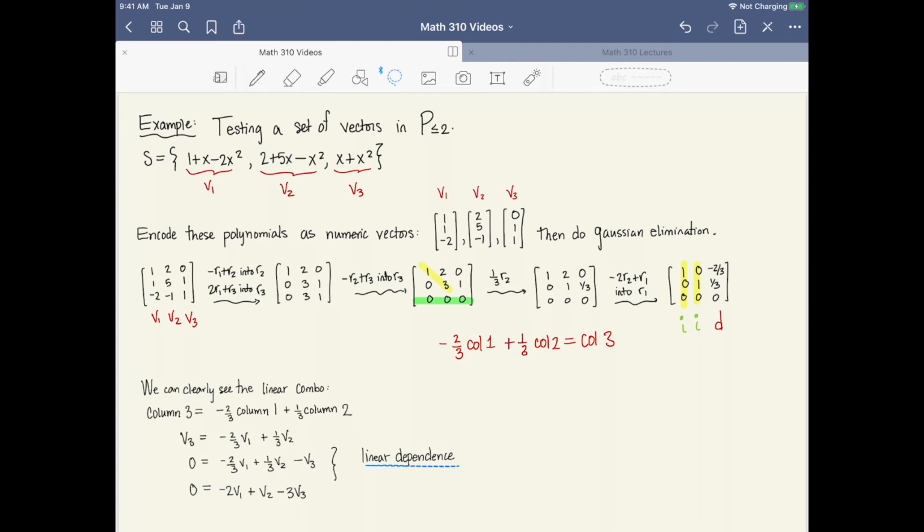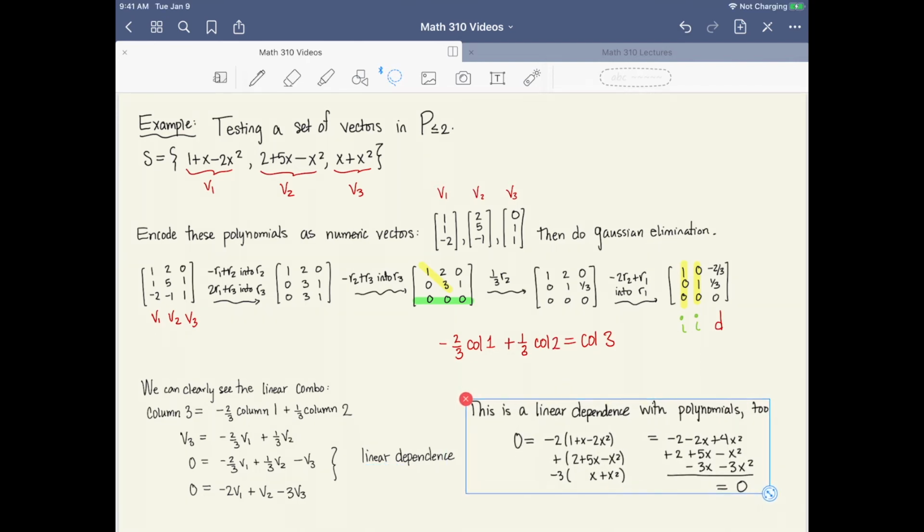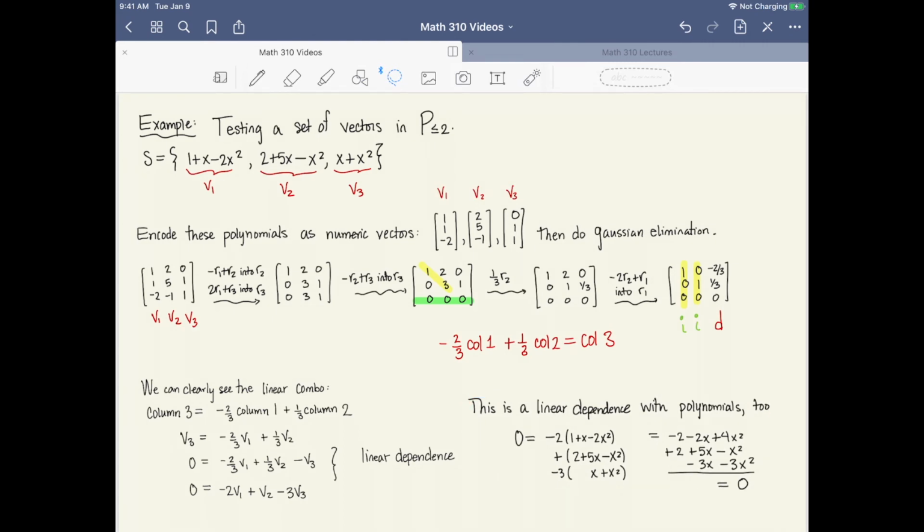And by the way, you can also see this if you want to write them back as polynomials. You would just re-encode them with the coefficients in front of the x's and the x squareds and as the constants, and you could see that the polynomials will be added together in such a way as to give you the 0 polynomial.